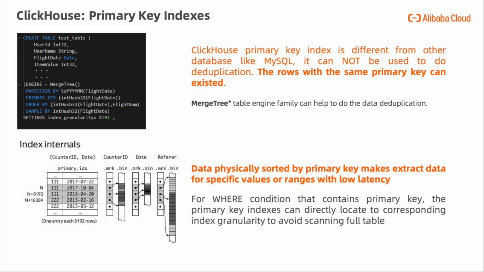When applying the where condition in ClickHouse with the primary key, the index can directly locate the corresponding index granularity to avoid scanning the entire table. The default value of granularity in ClickHouse is 8192. You could modify the value based on how your data is distributed with the primary key to achieve extreme performance.